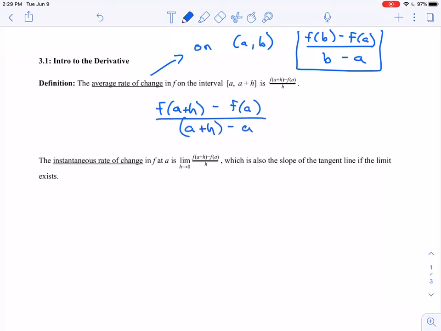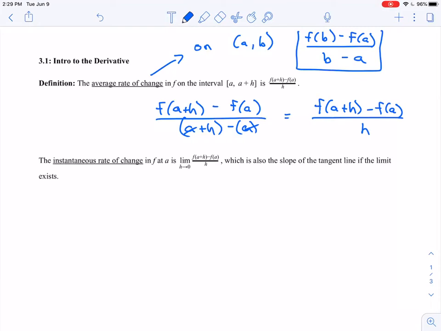I really have almost two terms in the denominator. I have a plus h for this guy right here, and then I've got a for this x value right here. And then hopefully we look at this and say, okay, well, a and a, those two cancel, and then we have f of a plus h minus f of a, all of this divided by h. So that's where that formula comes from.